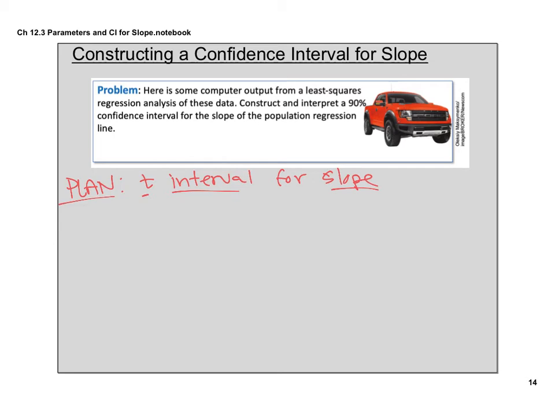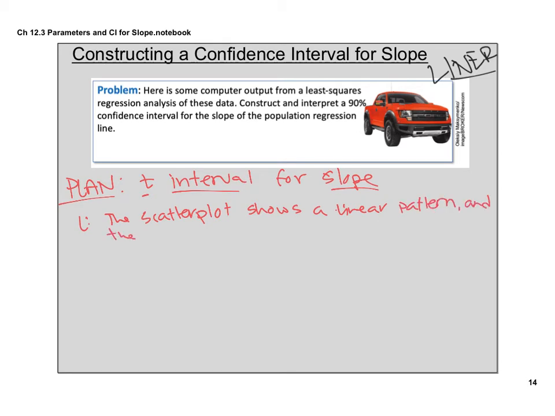So for your conditions, don't forget about LINER. There's a lot of conditions for inference for slope, but that's okay. We can do it. So L, we know that the scatter plot is linear. The scatter plot shows a linear pattern, and the residual plot shows no curved pattern.